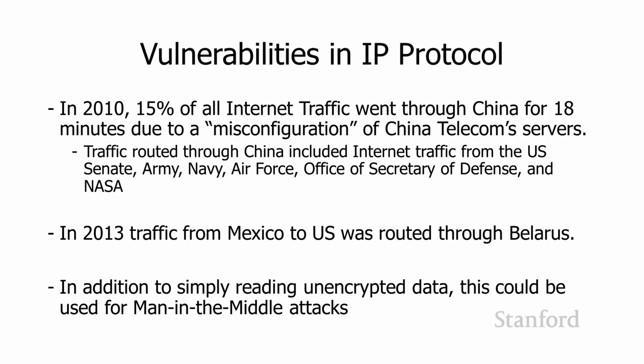Well, for one thing, any unencrypted packets going through can just be read. And this also, we talked a minute ago about how in the man-in-the-middle attack, you need to get between the person and the computer they're communicating with. Well, using a technique like this, you are now in the middle between that person and the computer they're communicating with.